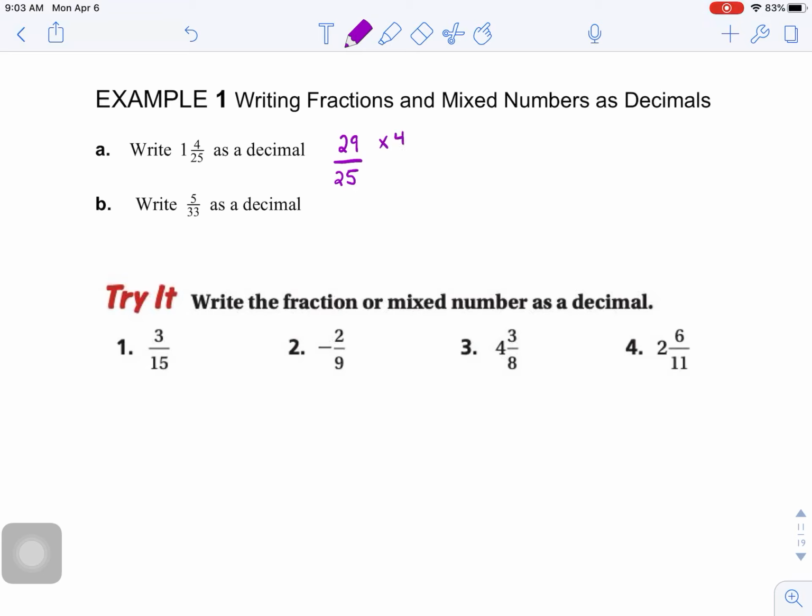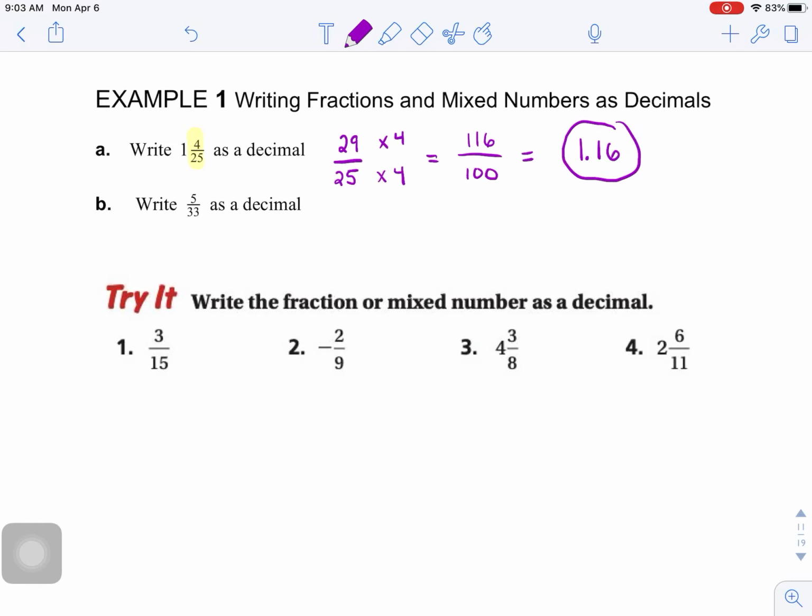So I'm going to multiply by 4 to both the numerator and denominator to make this 116 over 100. And then this I can change to a decimal, which would be 1.16. You also could have done that same thing with just the 4 over 25, by multiplying that by 4 to get 16 over 100, and then you could have added the 1, so 1 and 16/100. That would be another way to look at it.